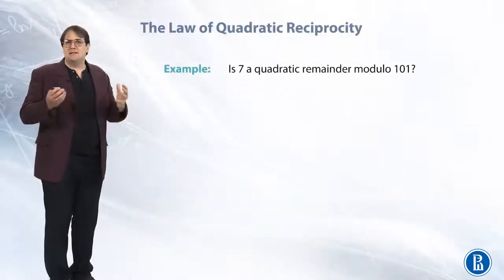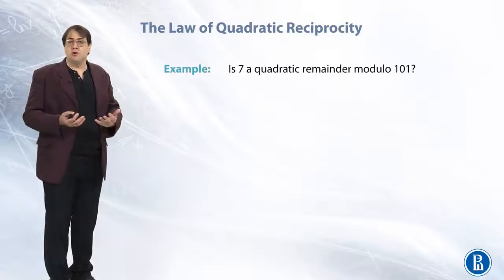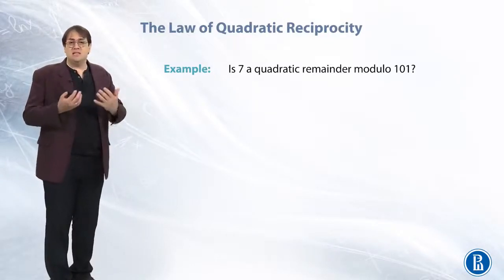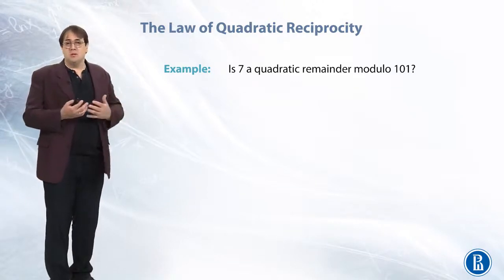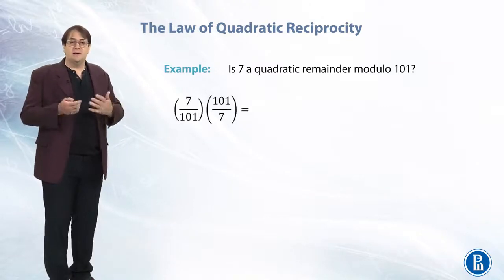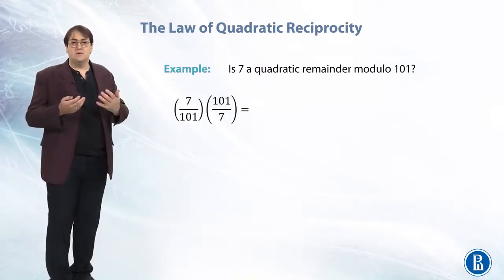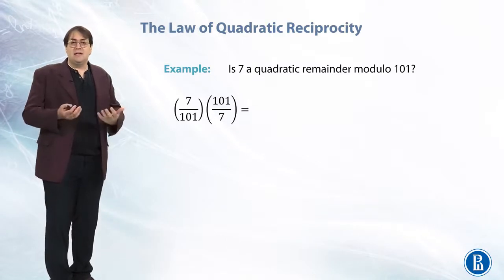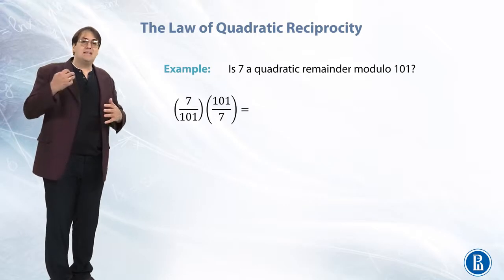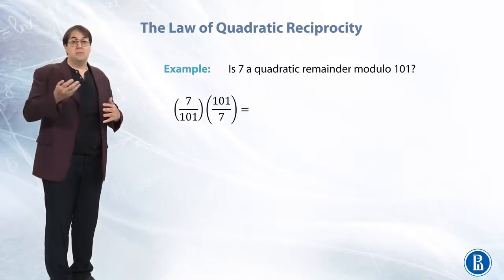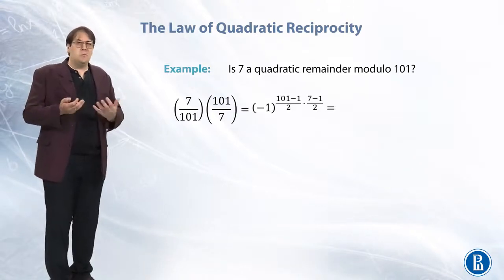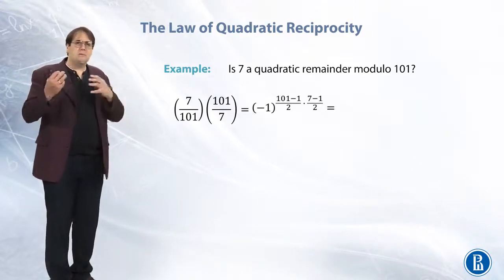Well, let's consider just an ordinary example where we need to find out whether 7 is a quadratic remainder modulo 101 or not. So first of all, we write the quadratic law of reciprocity, where we take the symbol of 7 modulo 101 and the symbol of 101 modulo 7. So we know that it is equal to minus 1 to the power of something complicated.